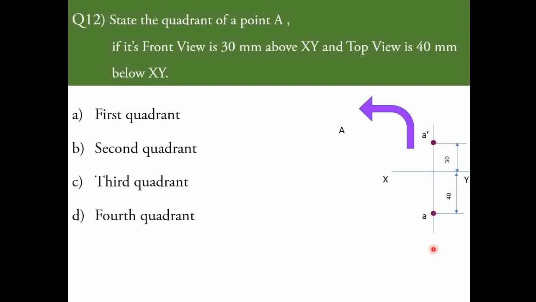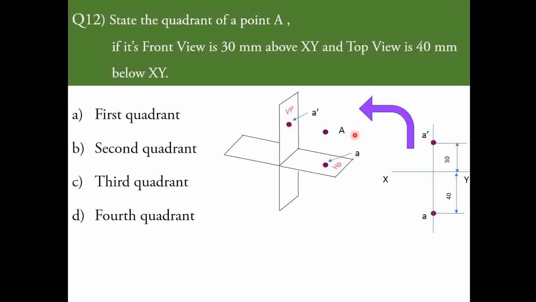Now, when we convert this final diagram into the quadrant form, you can observe these are the four quadrants. If we consider a point in the first quadrant, then while creating the front view, the capital A in space creates its image on the VP as a dash, above the reference line. While creating the top view, we observe from the top side, and its image is created on the HP as point a.